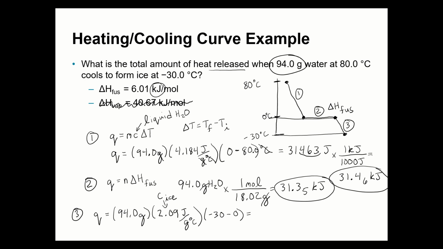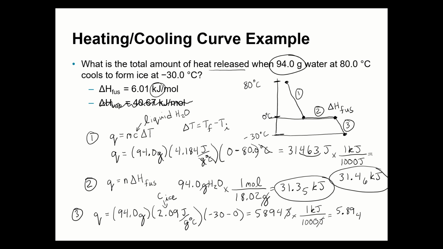So on this last step, we get 5894 joules, but we're going to switch that to kilojoules, so we're going to divide by 1,000 joules per 1 kilojoule. And so that will give us a value of 5.894.